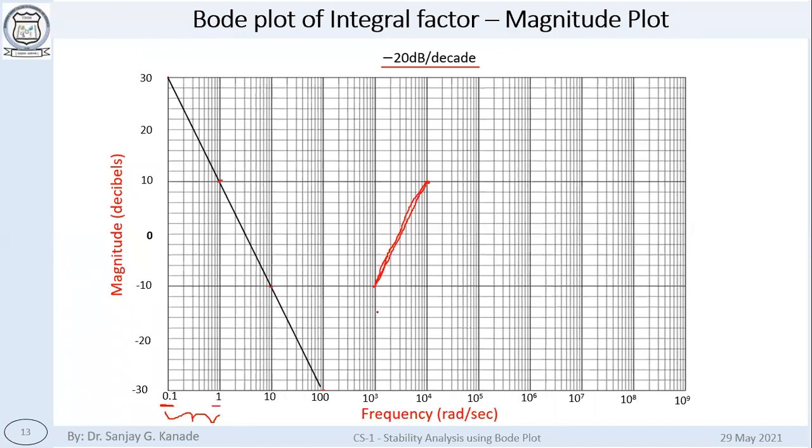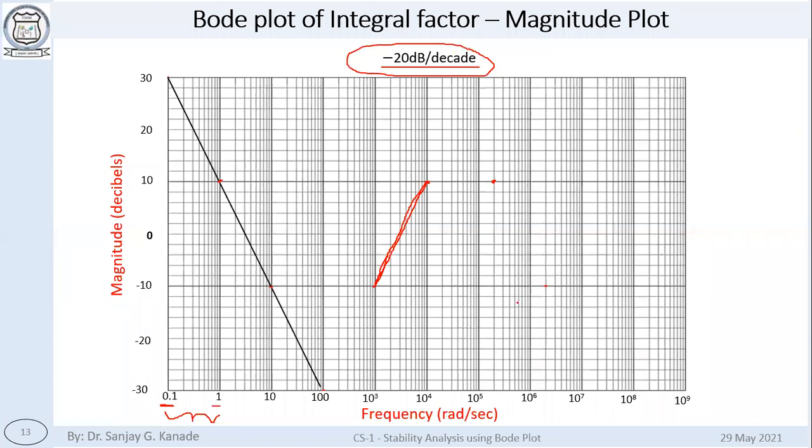Okay, and let's say here it is starting and it is a minus 20 dB per decade line. So where should be the next point? That point should be here. How am I taking this? When we say per decade, whenever you are drawing slope lines, you have to identify 2 points, basically.